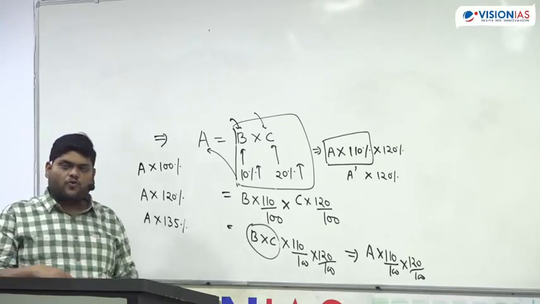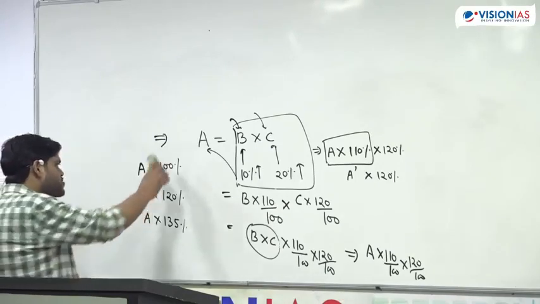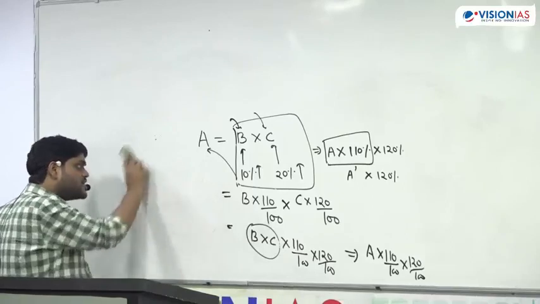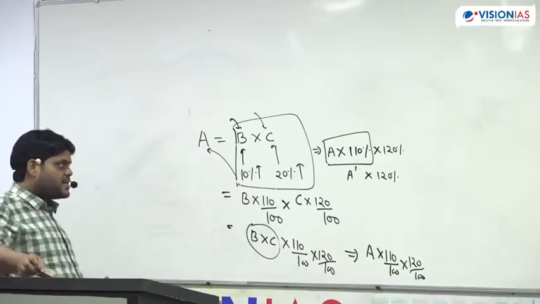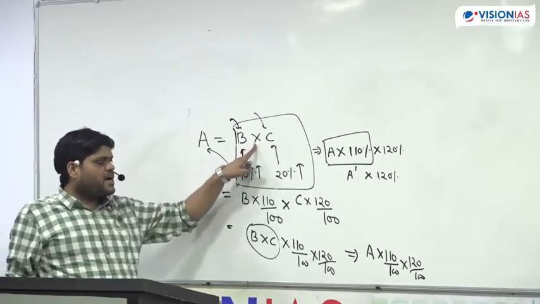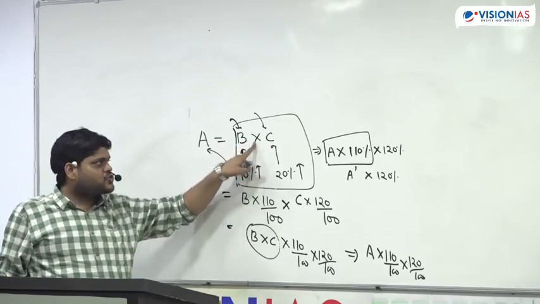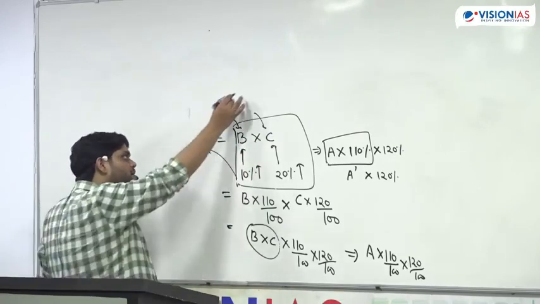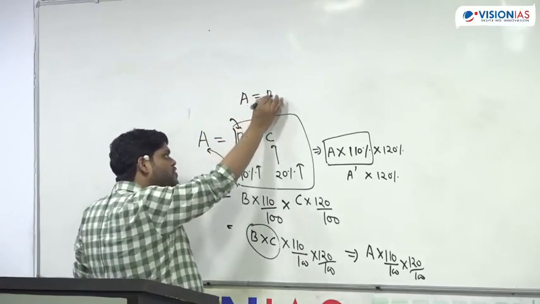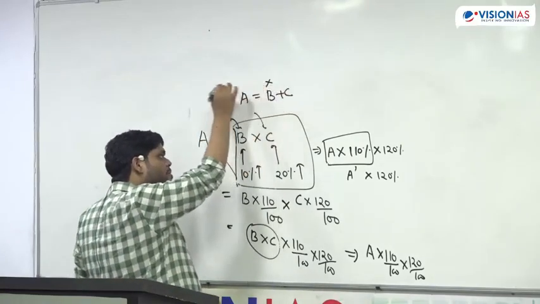Now where can we apply this concept? Then I will take the question and we can see how to solve it. This should be in multiplication. The logic is, this should be in multiplication. This cannot be applied in A is equal to B plus C. You cannot apply it here.